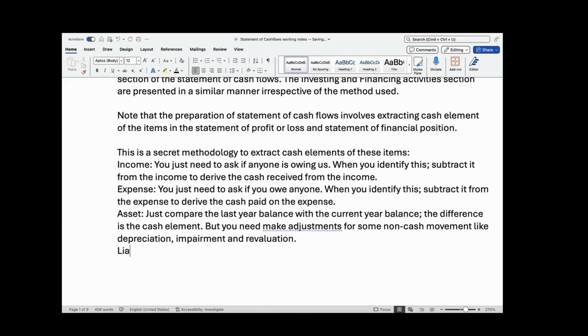For liabilities, the same thing, because all you want to know is, did I borrow more money this year? Did I collect money from people? Or did I settle up? Again, just compare the last year balance with the current year balance.